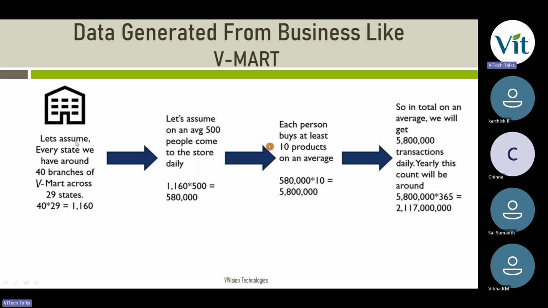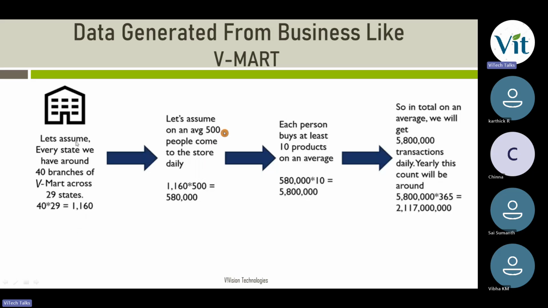You can consider that we have a DMart instead of VMart. Let's assume we have 29 states, and each state contains 40 branches, so it's like all over India. How many branches are there? There are 1160.